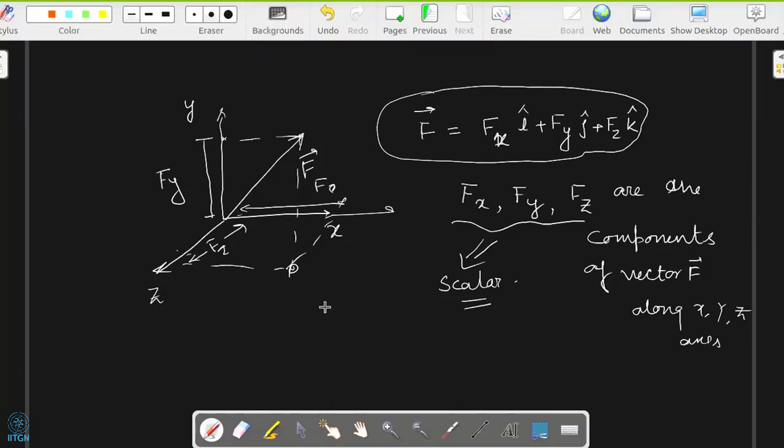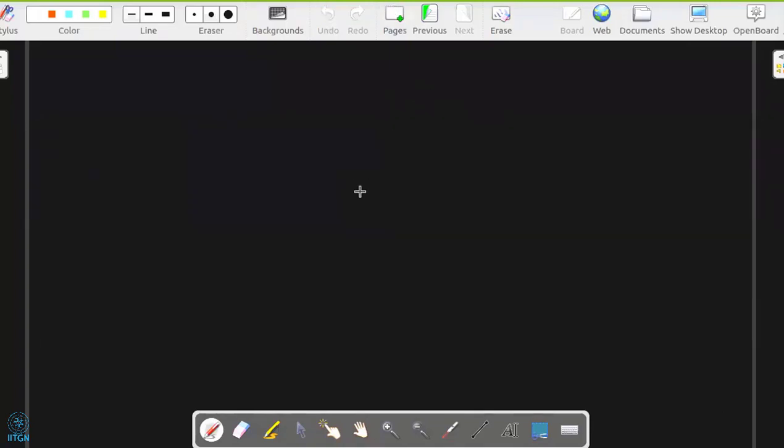So you all are familiar with this. I'm going to change the notation because of further use. Instead of i, j, k, let's say we have this axis as x1, instead of x, y, z, can we say x1, x2 and x3?